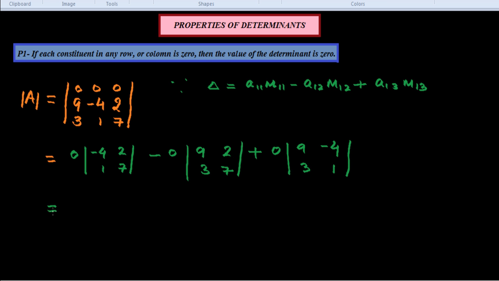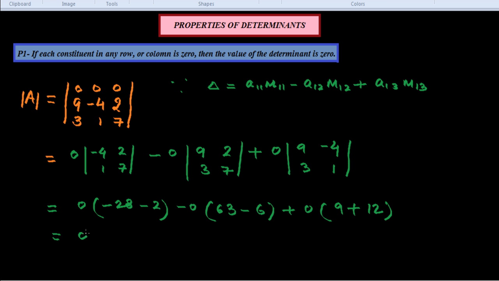Now look at this. For each, we take the product of the main diagonal and subtract the product of the other diagonal.